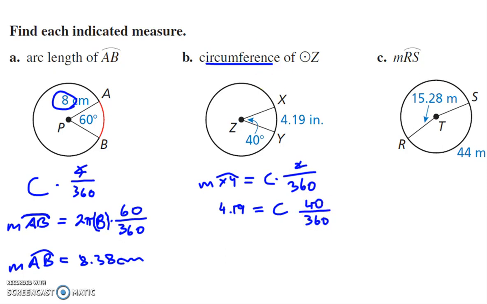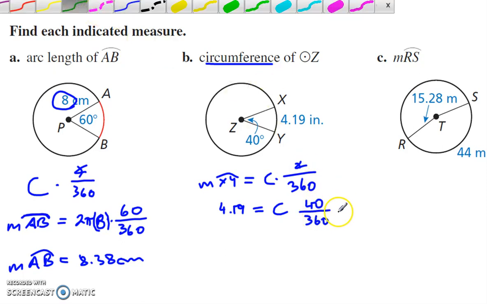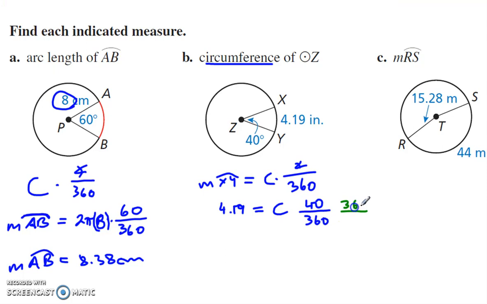To get rid of this, I have to multiply each side by its reciprocal, so that's 360 over 40. And that cancels out the 40s and 360s, and then I get the circumference is approximately 37.71 inches.